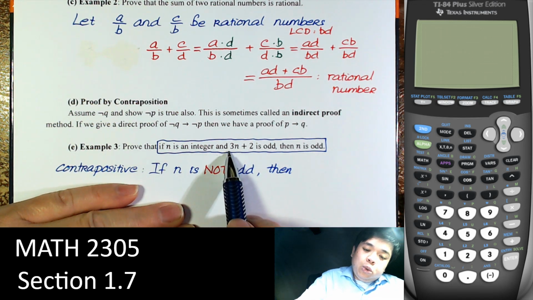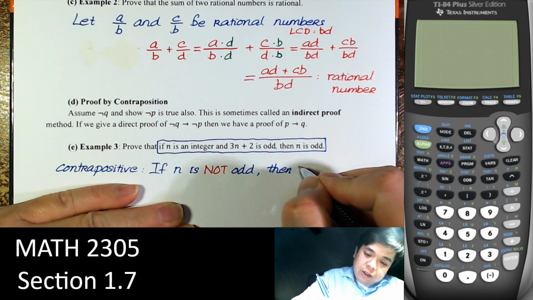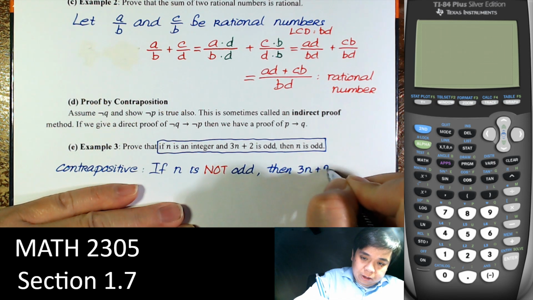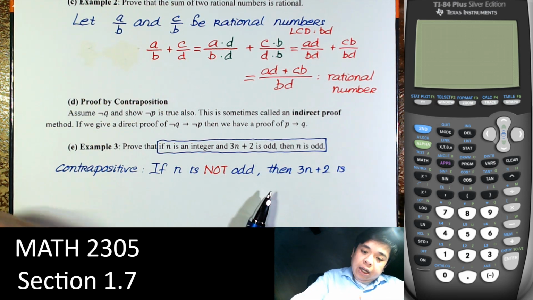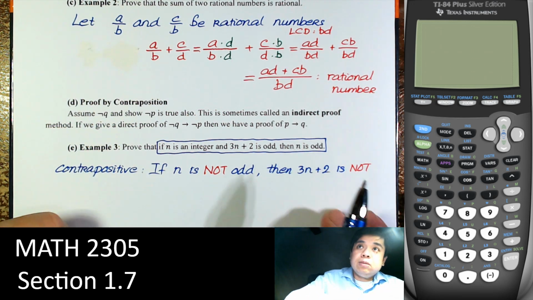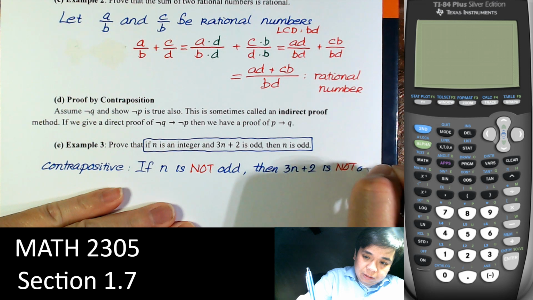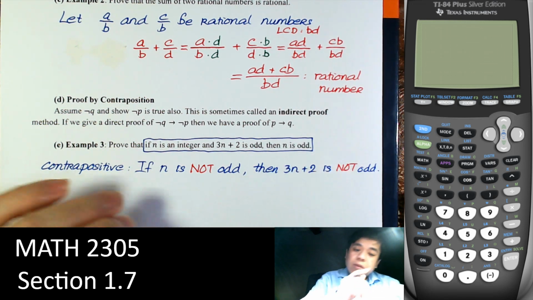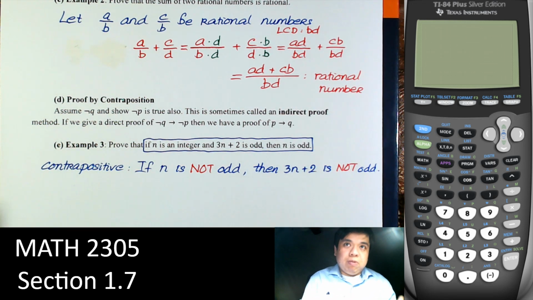Then 3n plus 2 is not odd. Right. Of course, that's the contrapositive. If we rewrite not odd meaning even, right?